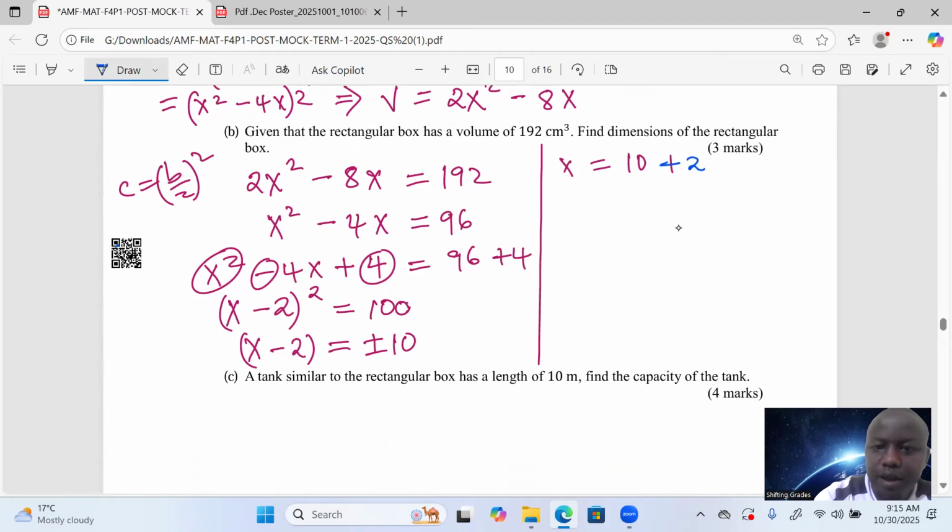This will give us negative 8, but the first one will give us 12.